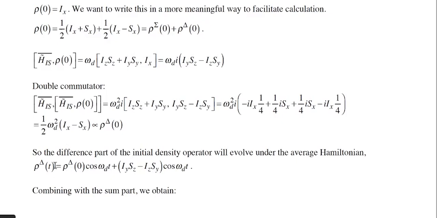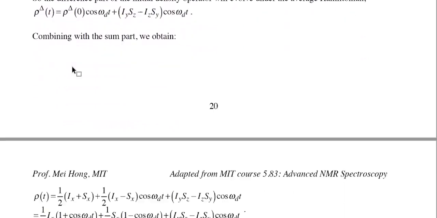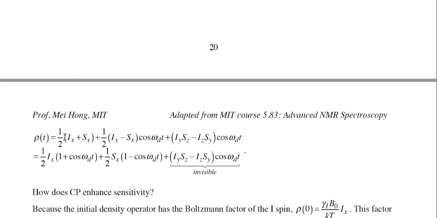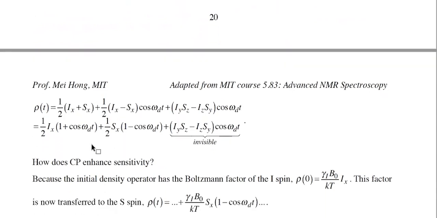So this is all fine, but then you say, well, my initial density operator has this other part, and this other part needs to be added back. So it's 1/2 Ix plus Sx plus the difference. And then you regroup the term, you find that actually very nicely, it's 1/2 Ix, 1 plus cosine omega dt. And then for the S spin, you get 1/2 Sx, 1 minus cosine omega dt. And then you have this part.